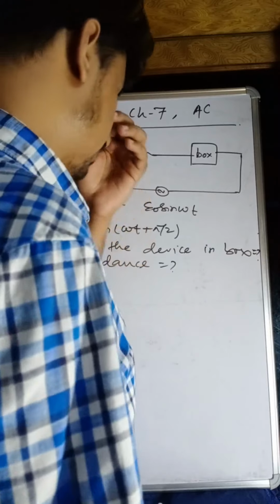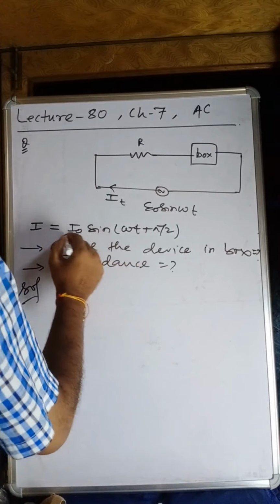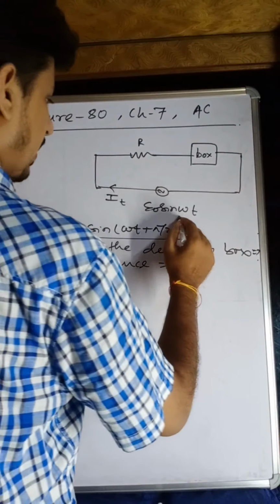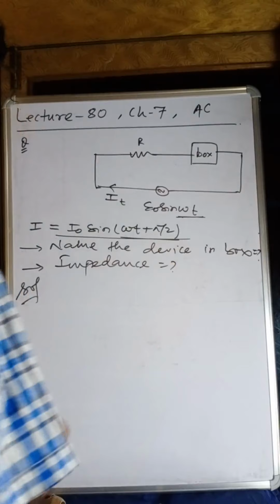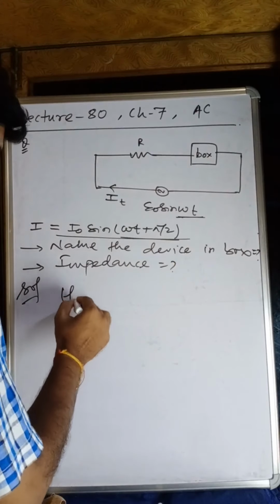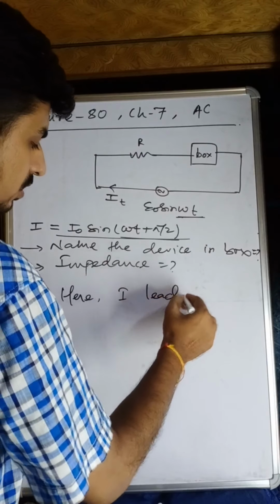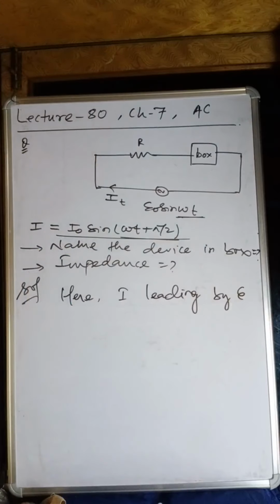My dear students, here you can see the current is leading the voltage. The phase of voltage is omega t, whereas the current phase is omega t plus pi by 2. It means in this circuit the current leads the voltage.